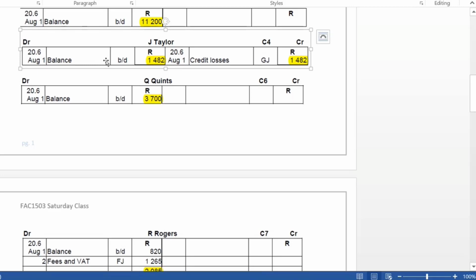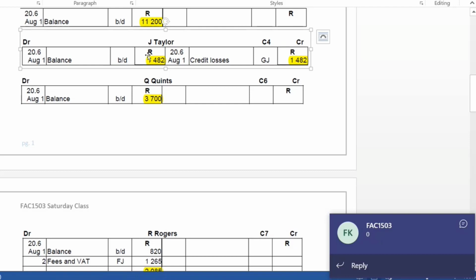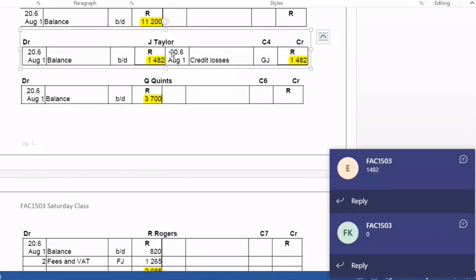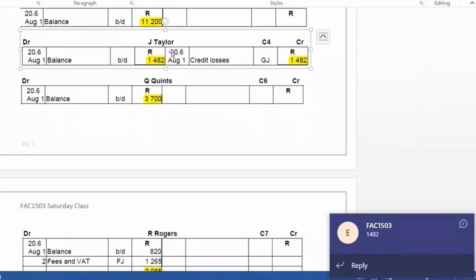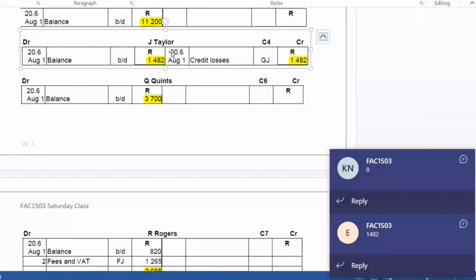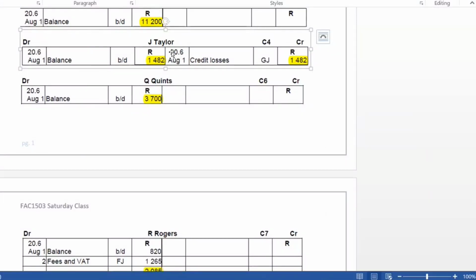guys, how much does J Taylor owe the business? Elisha is saying 1482, Faith is saying nil, and Garabo is saying nil.